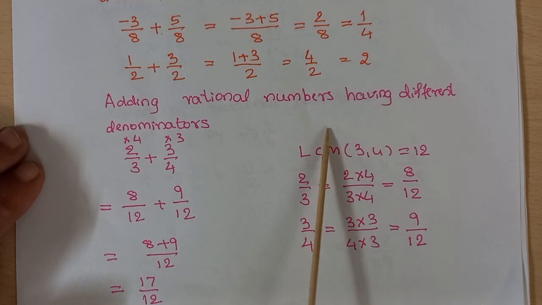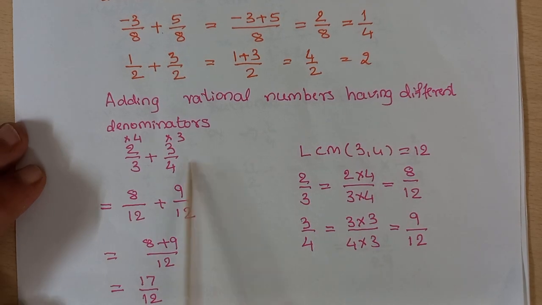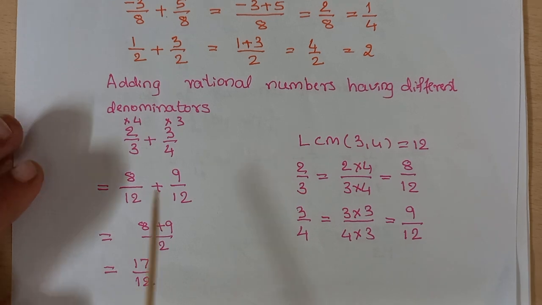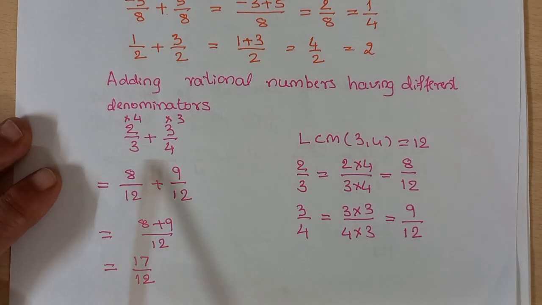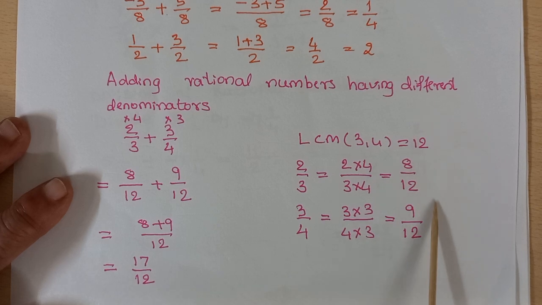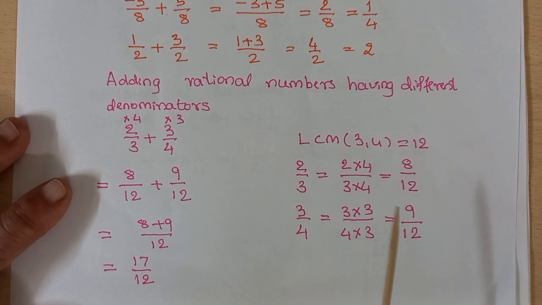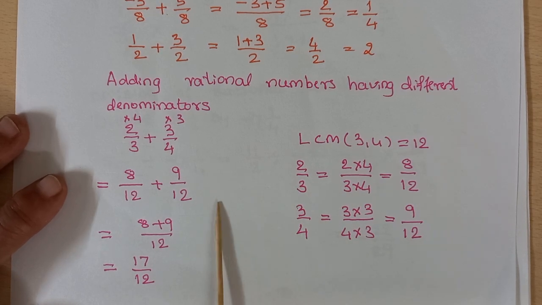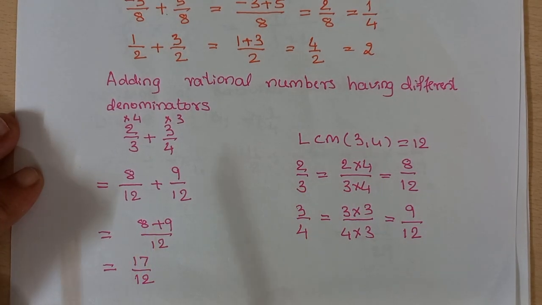Now adding rational numbers having different denominators. This is the second case. When the denominators are not the same, what will you do? We will take the LCM of the denominators. Then we write the equivalent fractions, making LCM as the denominator.